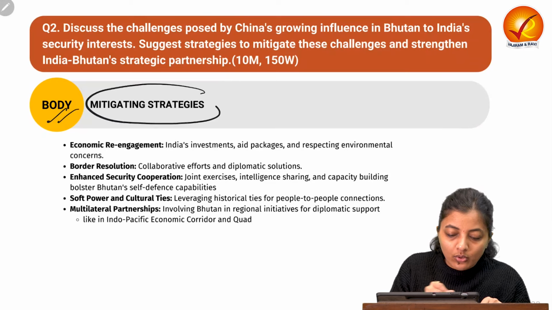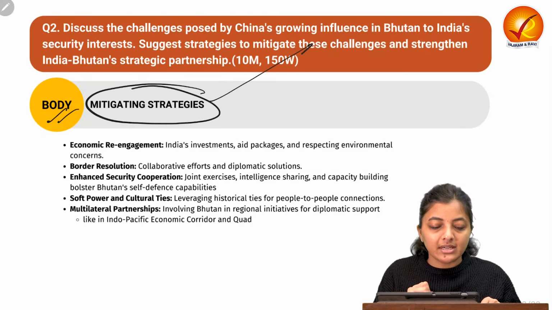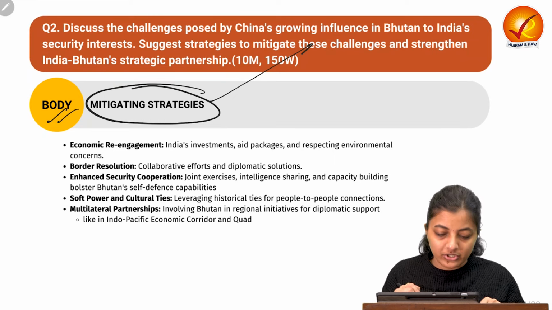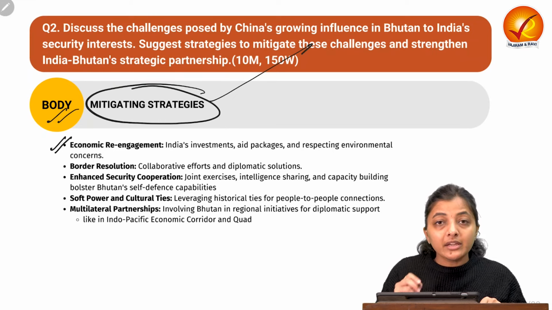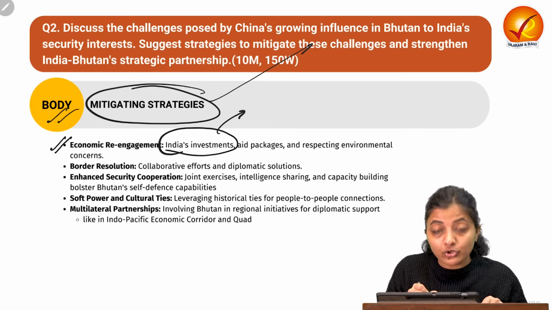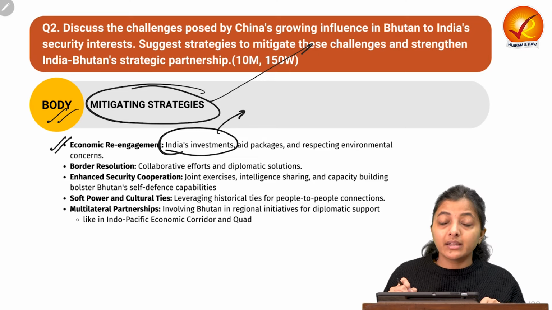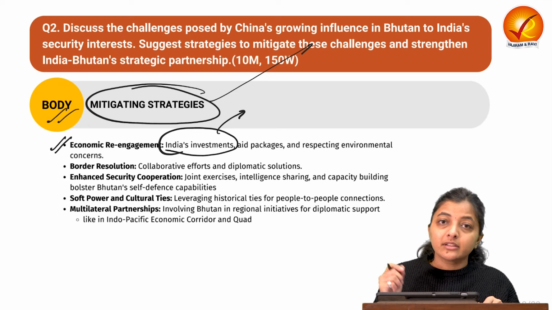Next is about what should be the mitigating strategies or measures to address these challenges and strengthen the bilateral relations. So first is, we need to re-engage on the economic front, like India's investment should be increased, because Chinese investment is increasing day by day in the hydropower projects and road investment.